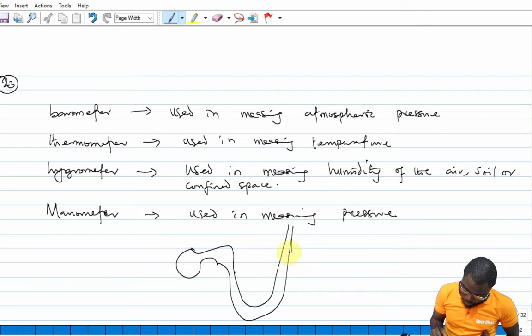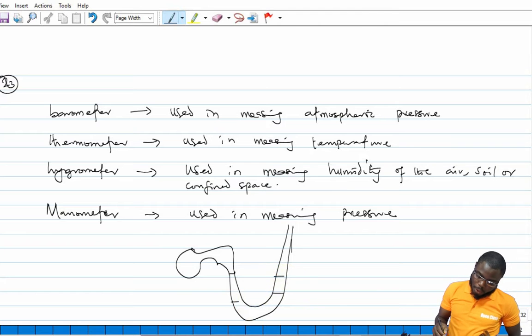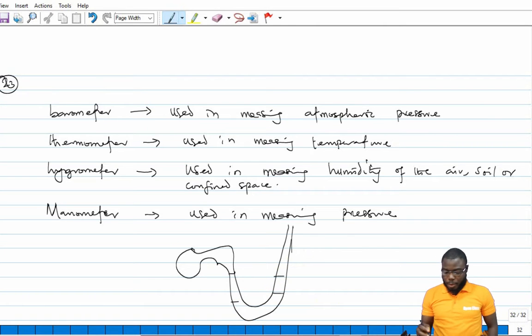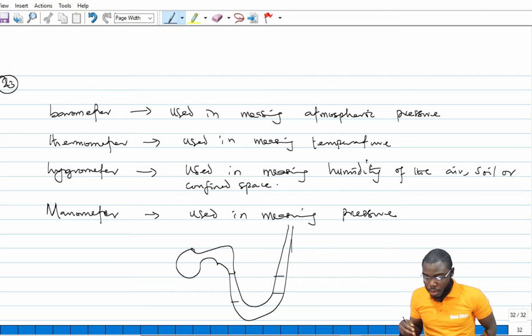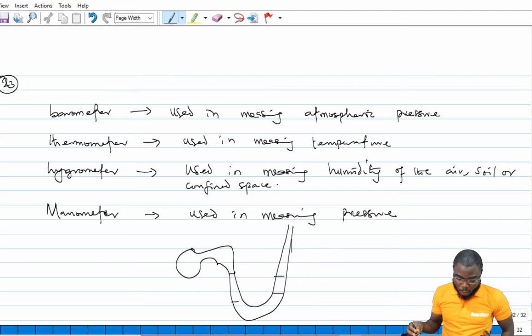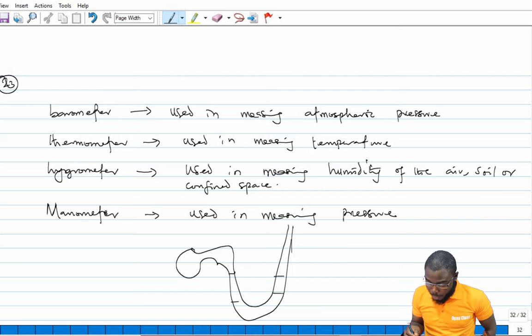I've always told you that I'm not so good at drawing. A U-shape manometer is very common. So your answer here is manometer.